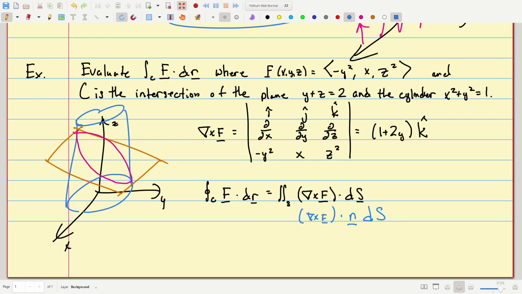So in the particular example that we're looking at, what happens is we are going to rearrange this equation, solving it for z. Okay, so we get 2 minus y here.